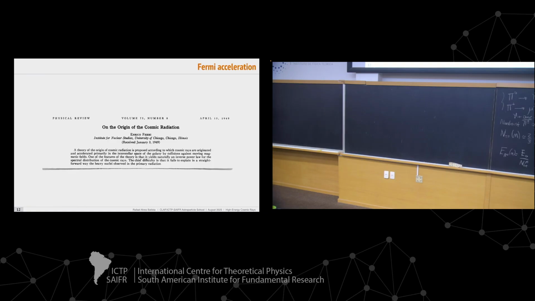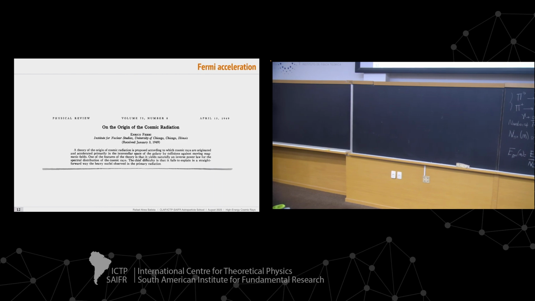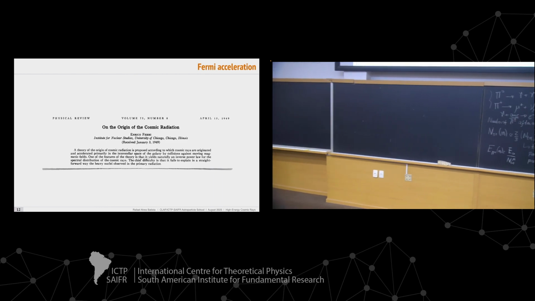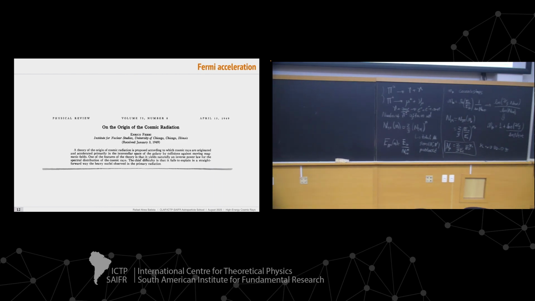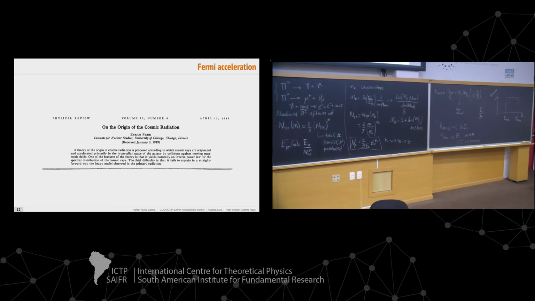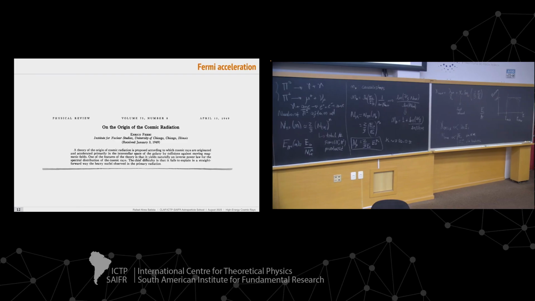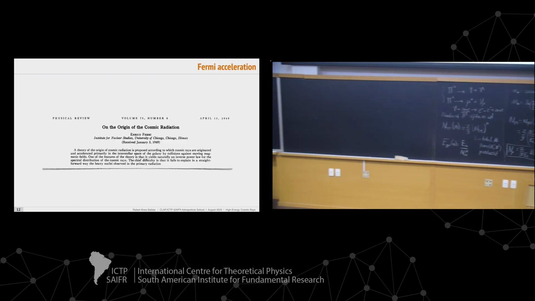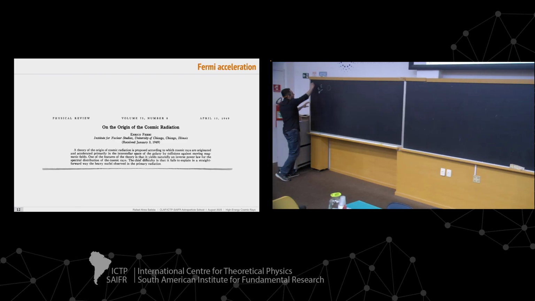Let's think of a high energy particle hitting another particle. This high energy particle is moving with an initial energy EI and initial momentum PI.